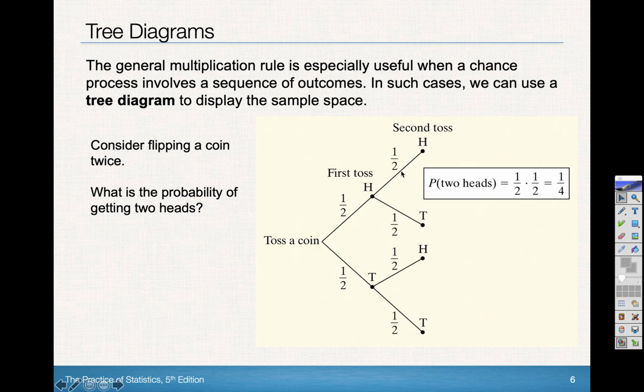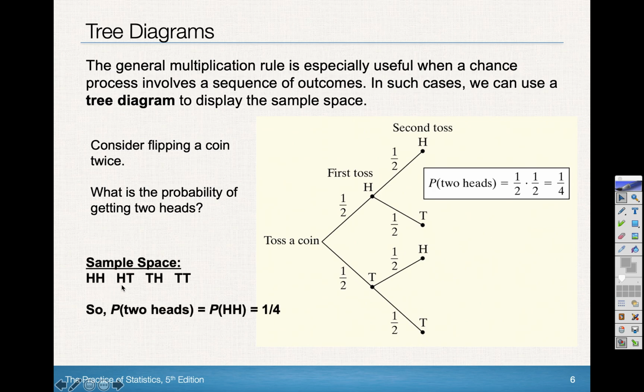My second toss, I have 2 options, heads or tails. Which means that my sample space, I'm flipping 2 coins, is going to be either I get a heads and a heads, or a heads and a tails, so I'm just following the tree, or a tails and a heads, or a tails and a tails. So my sample space is heads, heads, heads, tails, tails, heads, tails, tails. And I found that by just following the tree, following each branch on a tree.